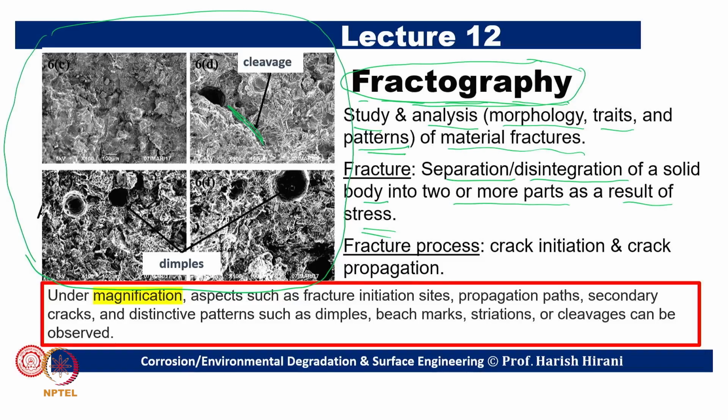In an earlier lecture we also discussed the fracture. We say the fracture process involves crack initiation and crack propagation. Regarding crack initiation, we have discussed that there will be a number of discontinuities in every structure, because most structures are polycrystalline and have grain size and grain boundaries, so there will be some indication of a very minute crack.